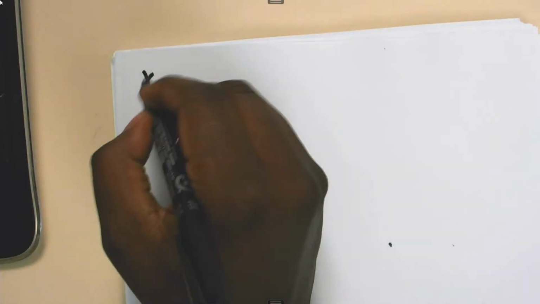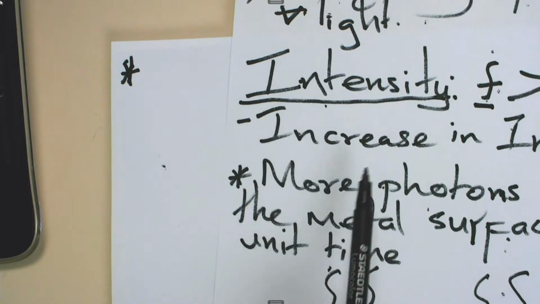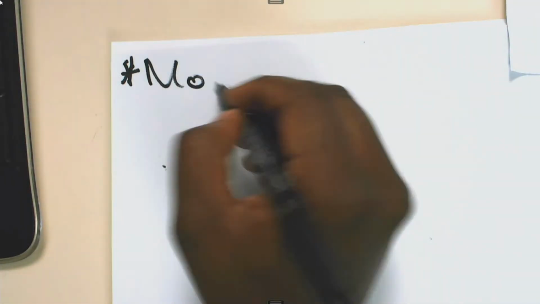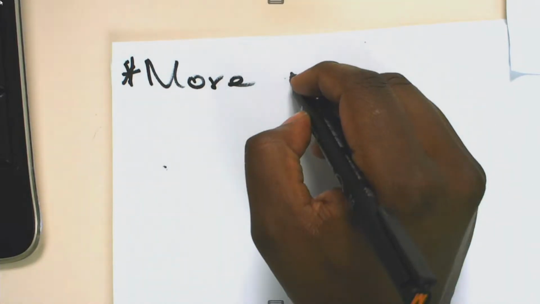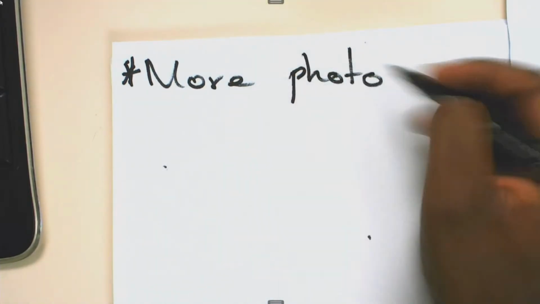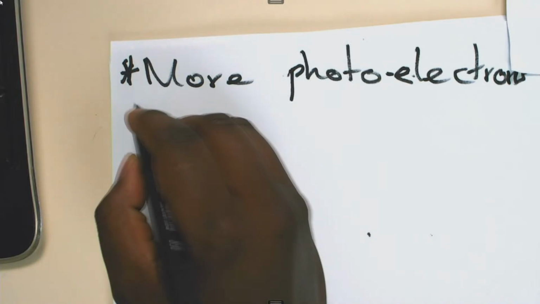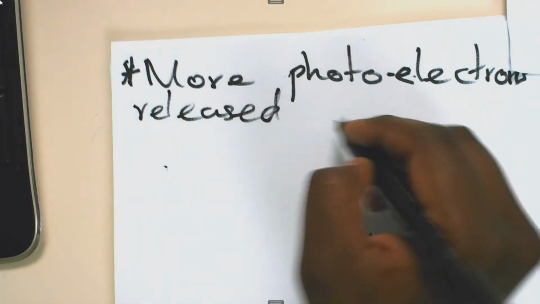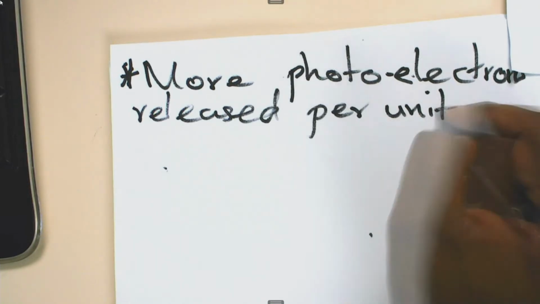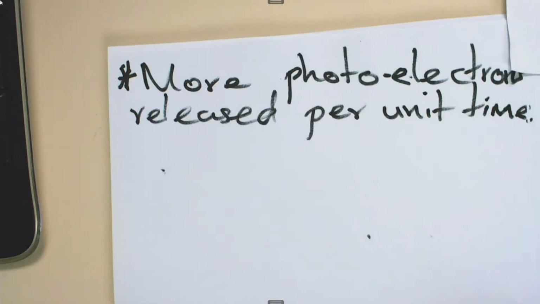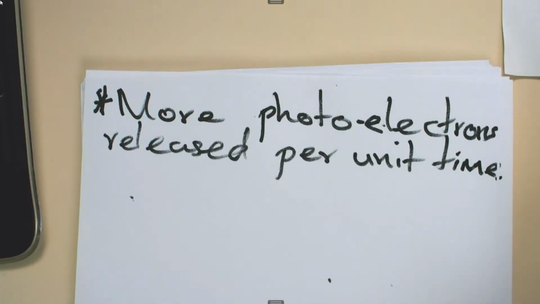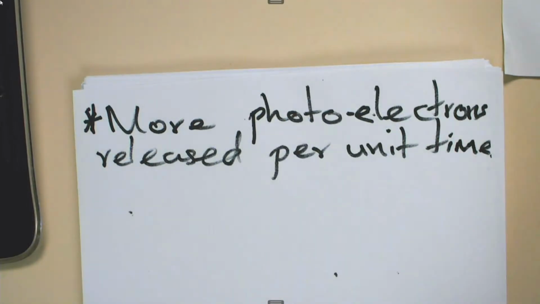So the second point: when we have more photons hitting the metal, then it means you will have more photoelectrons released per unit time. That is what it implies, that when you increase the intensity of light, you will have more photons hitting the metal surface per unit time.